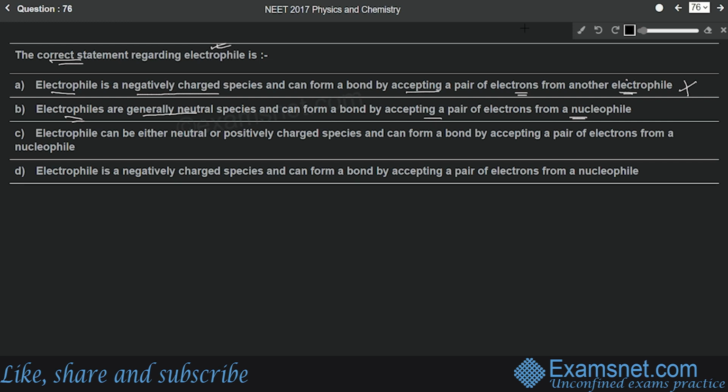The third one says electrophile can either be neutral or positively charged. So this is the most suitable one till now. Okay, and it can form bond by accepting a pair of electrons from a nucleophile. So yes, this is the most suitable statement. The last one says electrophile is a negatively charged species. Again, it cannot be true. It can either be positively charged or neutral. Okay, so the only correct statement is option number C.